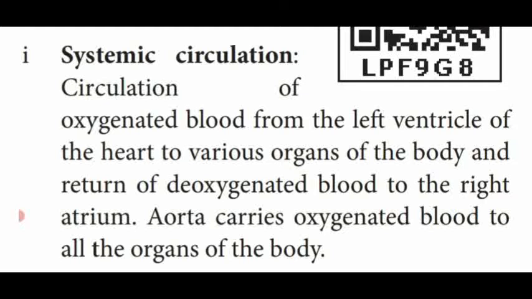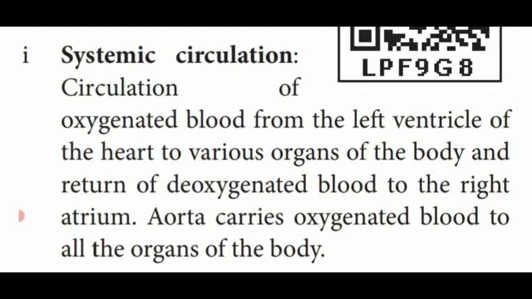And also, the biggest artery named aorta carries oxygenated blood to the organs of the body. So at a time, oxygenated blood leaves the left ventricle of the heart to different parts of the body.